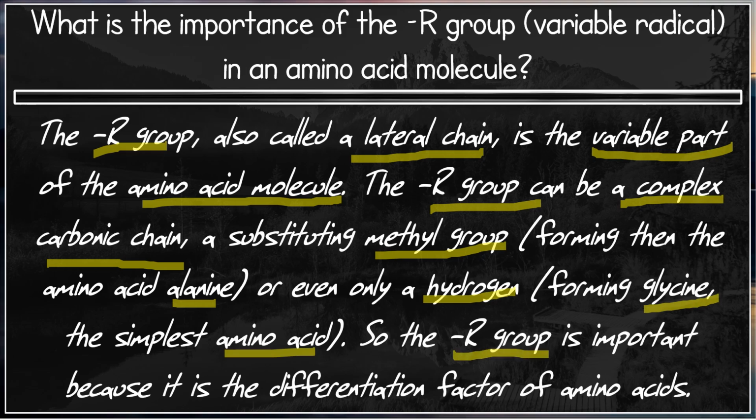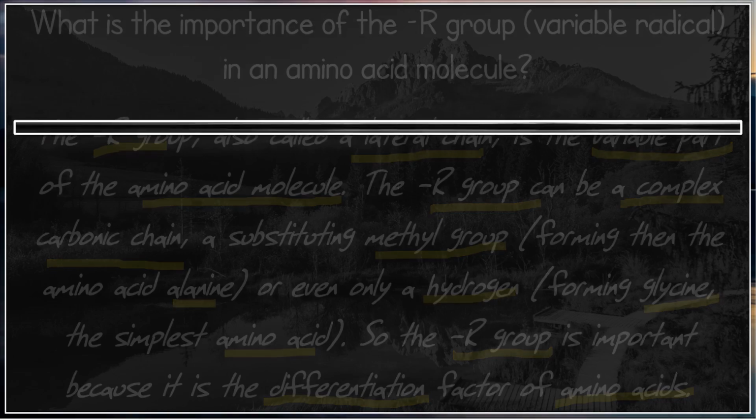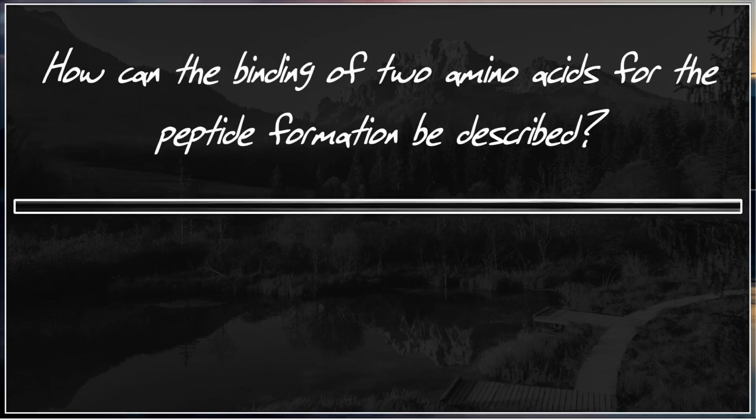So the R group is important because it is the differentiation factor of amino acids. How can the binding of two amino acids for the peptide formation be described?